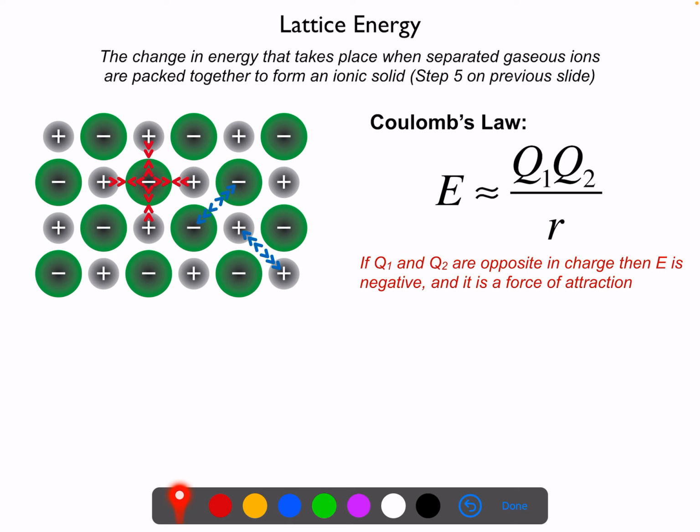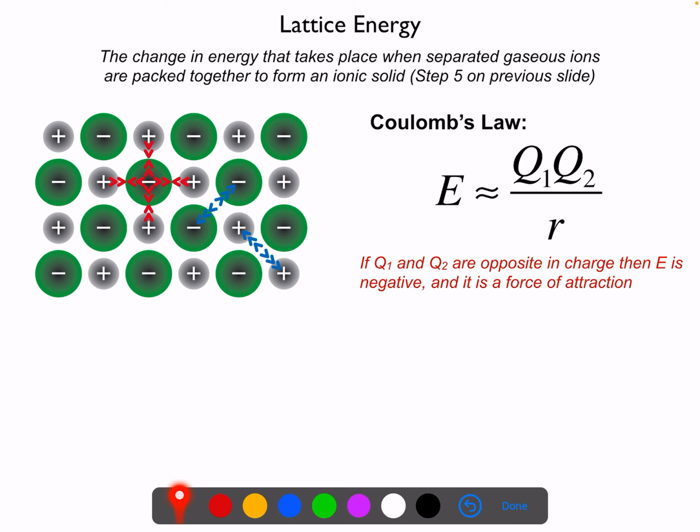We're not going to use any calculations with this, but what this equation is saying is that an energy related to either a force of attraction, if it's a negative energy, or a force of repulsion, if it's a positive energy, is proportional to the size of the charges, so these are the charges of our ions, +1 and -1, and inversely proportional to the distance.